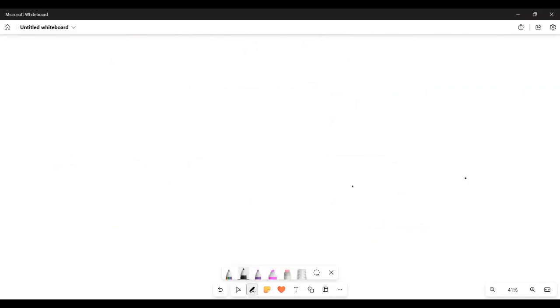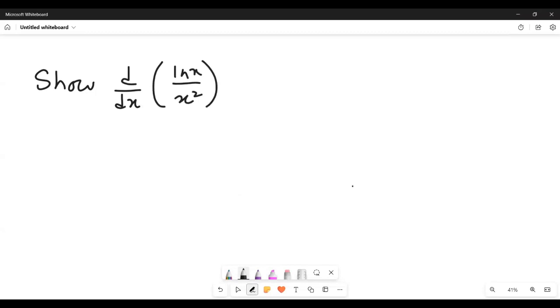So d by dx of ln x upon x square equals 1 minus 2 ln x upon x cubed.